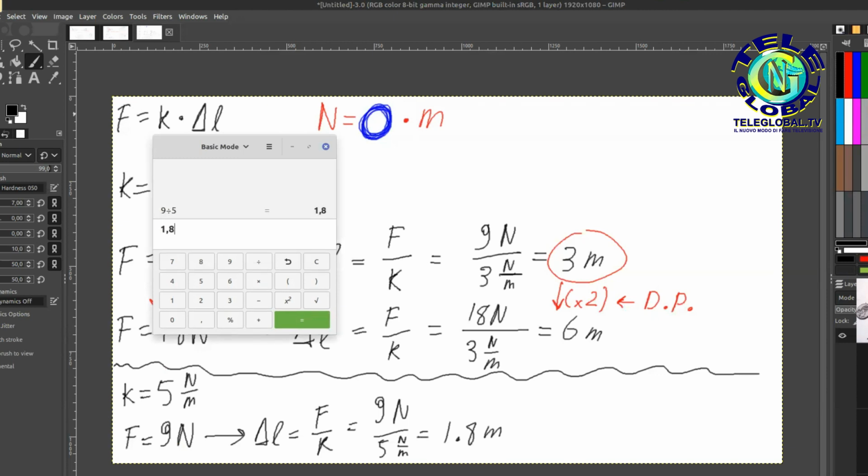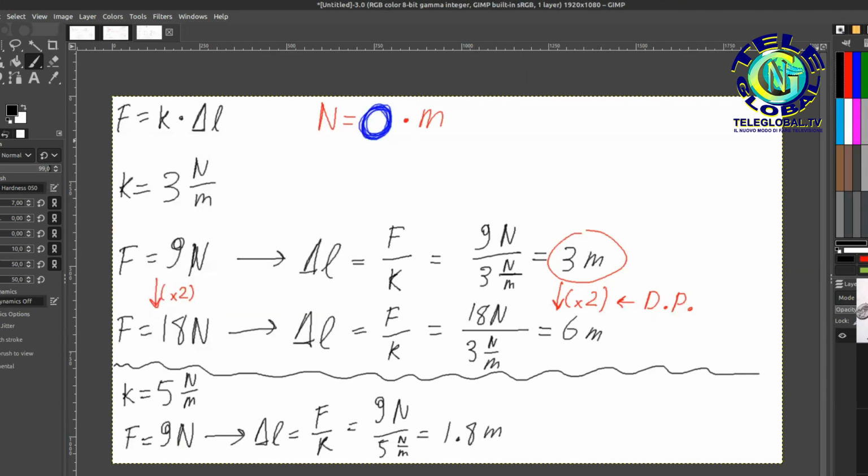So you get a smaller stretching. So for the elastic constant, a high constant means that your spring is stiffer.